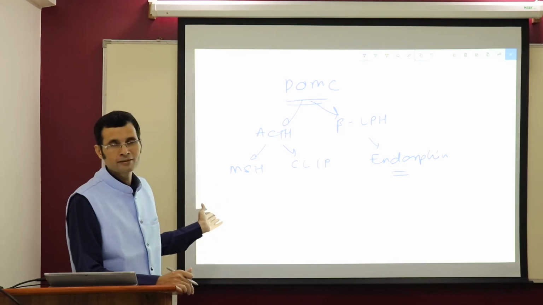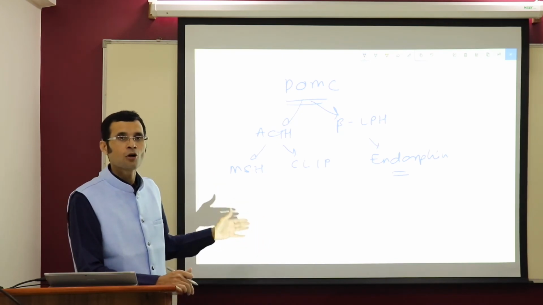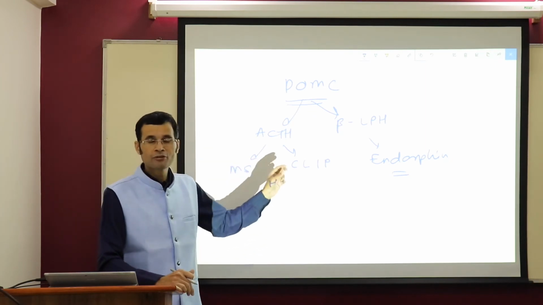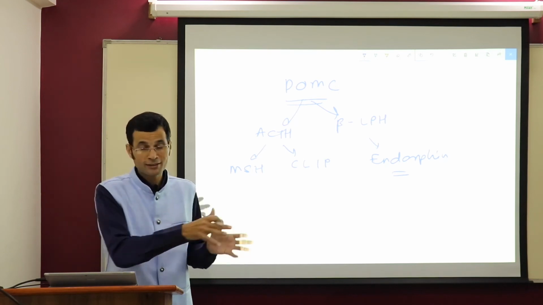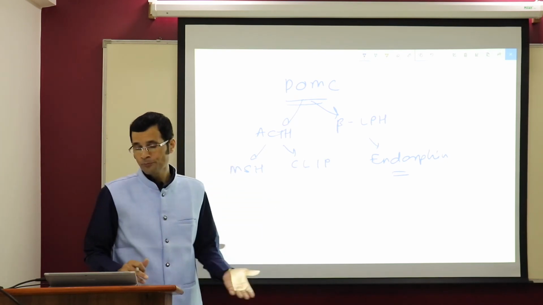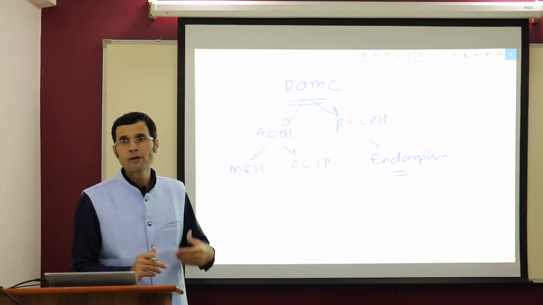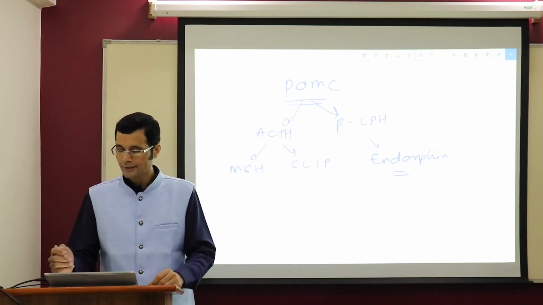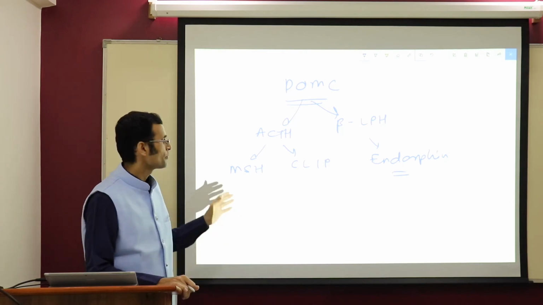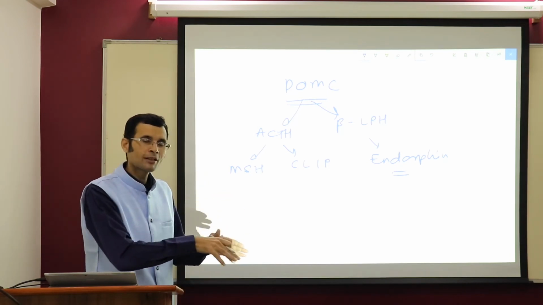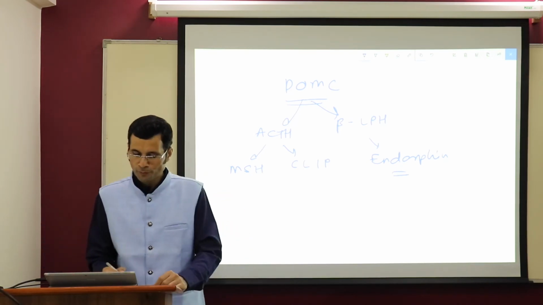Because ACTH has this pigmenting activity of MSH. They are derived from the same precursor, they have sequence homology, and therefore that's the reason why there is pigmentation when ACTH levels increase. However, that's not the point for discussion. The point was that one precursor forms multiple hormones.